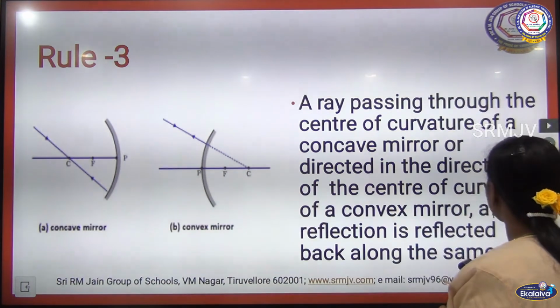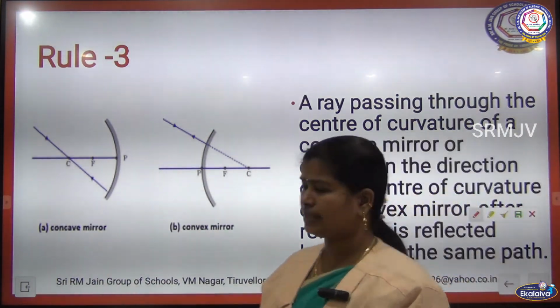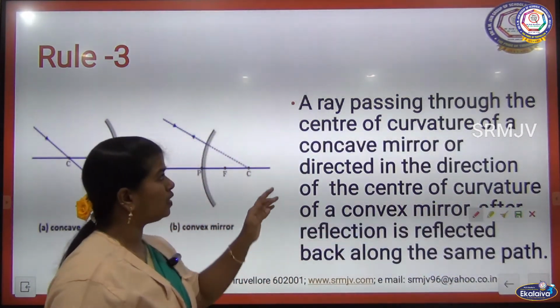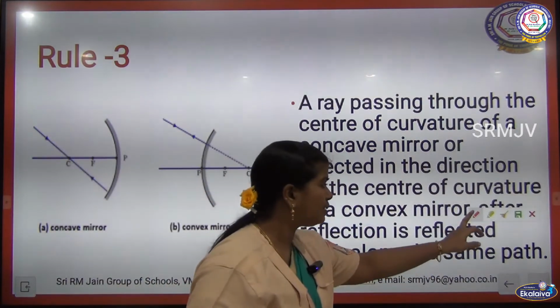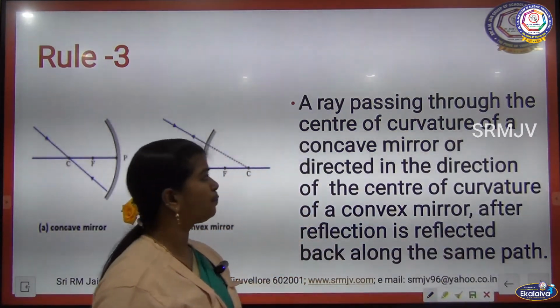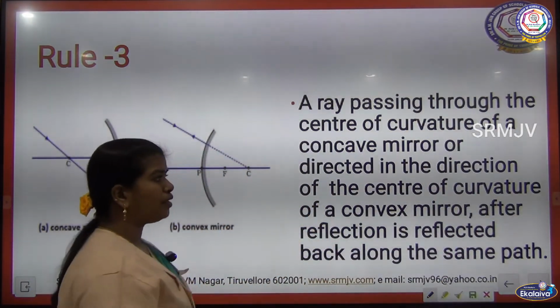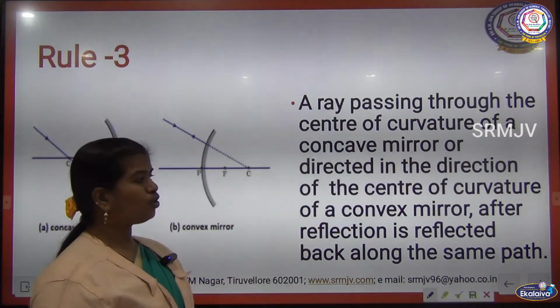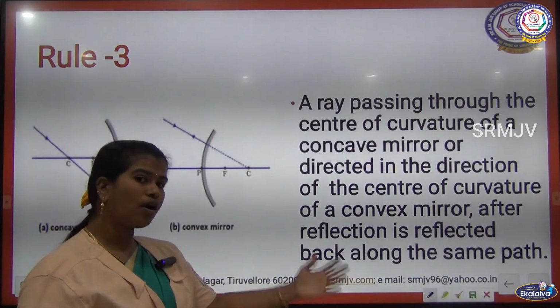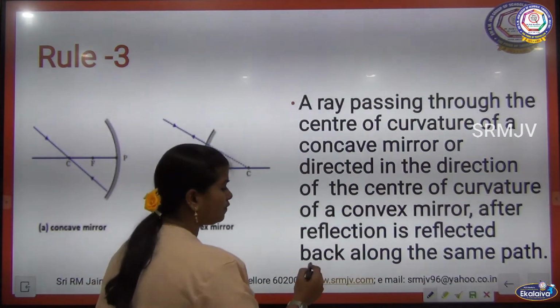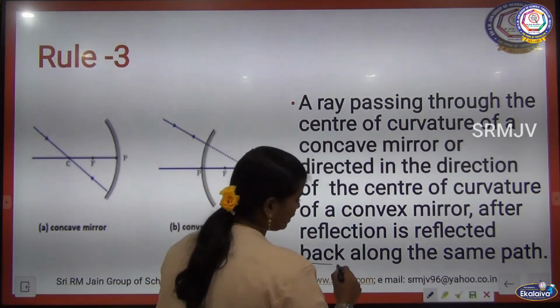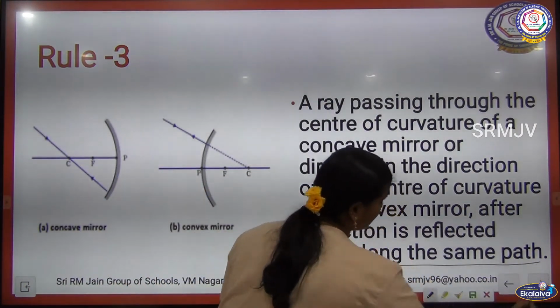Rule 3 states that a ray passing through the center of curvature of a concave mirror or directed in the direction of center of curvature of a convex mirror after reflection reflected back along the same path.